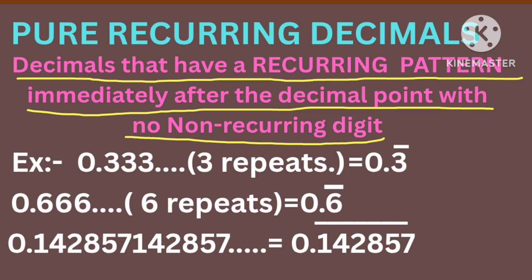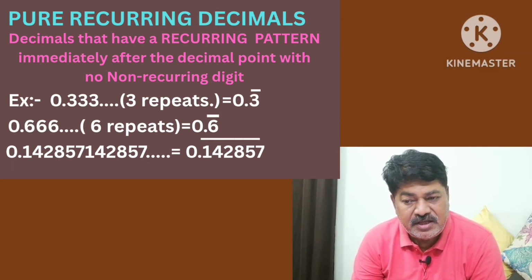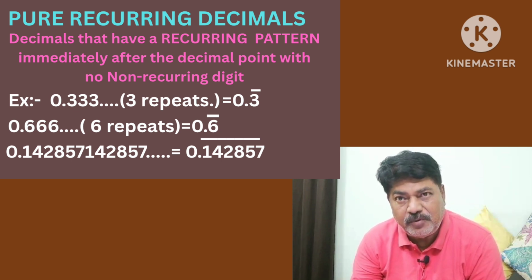After decimal point, there's no non-recurring digits. Whatever digits available after decimal point, those digits are repeating only. That is pure recurring decimal.